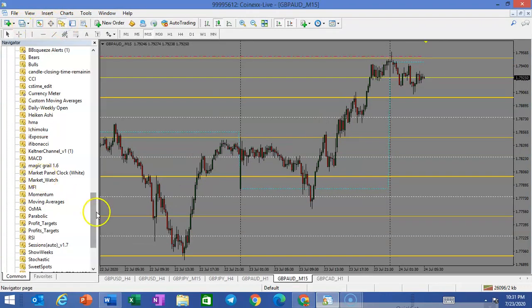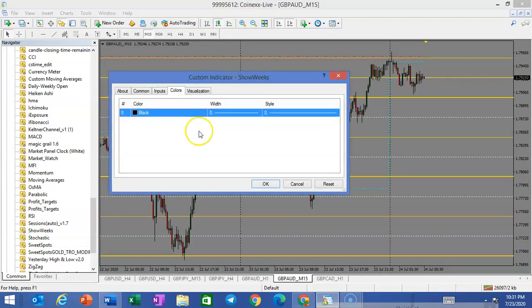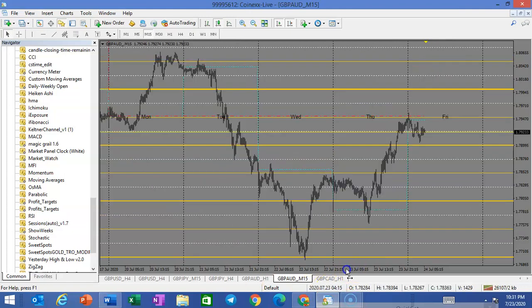I also have a show weeks indicator so that I can see what day I'm trading on. So it shows me when it's Wednesday, it shows me the trading week.